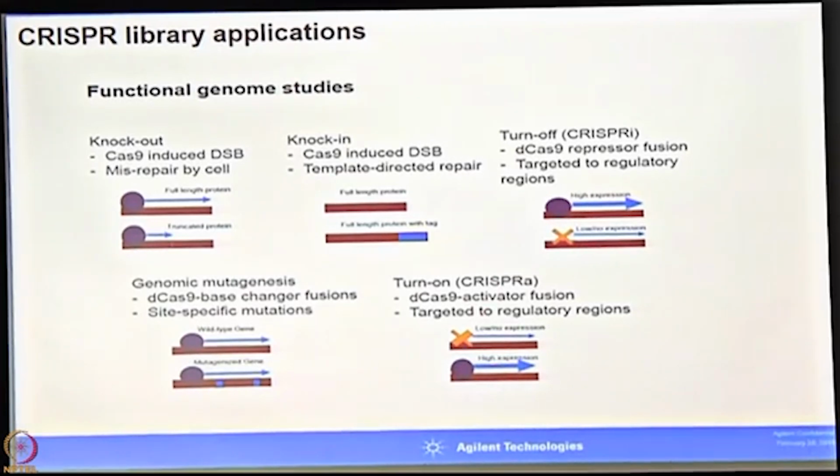And if some genes are lowly expressed in a disease, you can induce the expression to a higher level. So you can do multiple functions with Cas9. You can induce the gene, you can repress the gene expression, or you can do site-specific changes in the gene, right? That allows you five different possibilities.